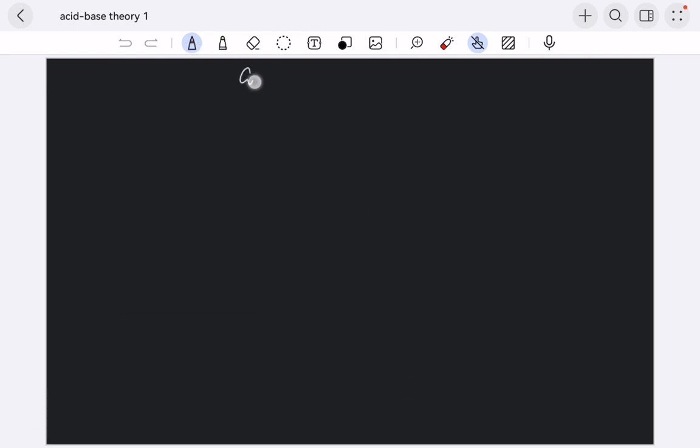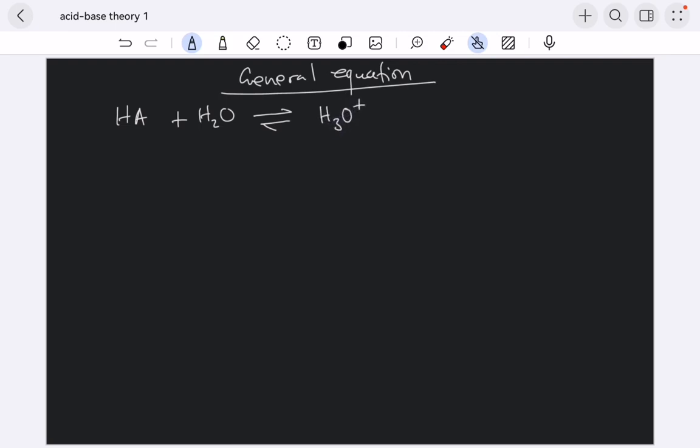So we're going to look at a general equation under the Bronsted-Lowry. So HA plus H2O at equilibrium produces H3O positive plus A negative.